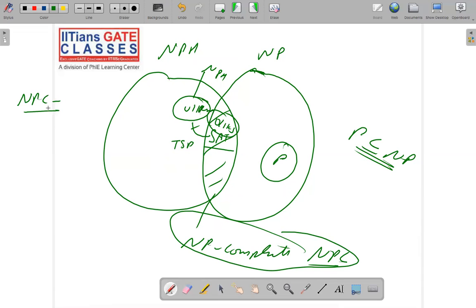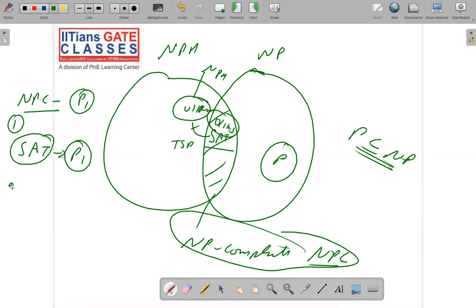To prove that a problem is NPC, you need to prove two things. You need to reduce the SAT problem into that problem. For example, you want to prove that P1 is NPC. You need to reduce the SAT problem into P1, and your first step is this one.